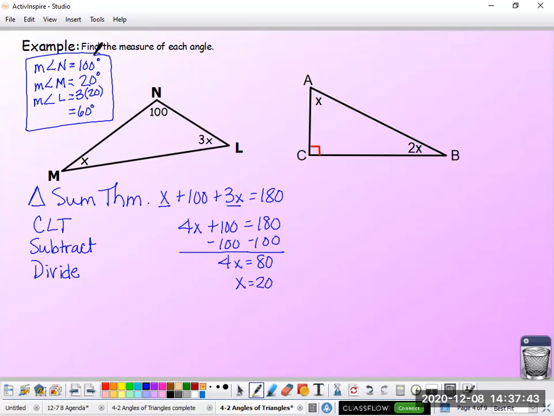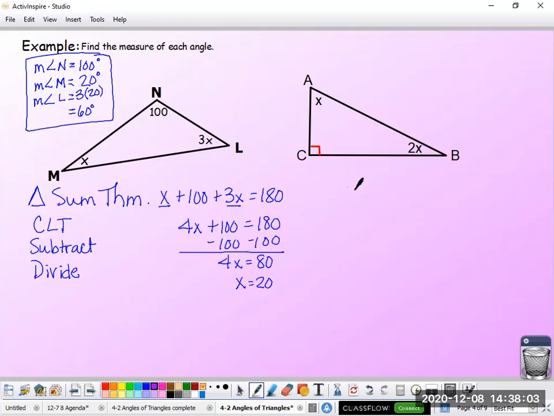So right now, pause the video, and you try the other example there, triangle ABC. Okay, same process.